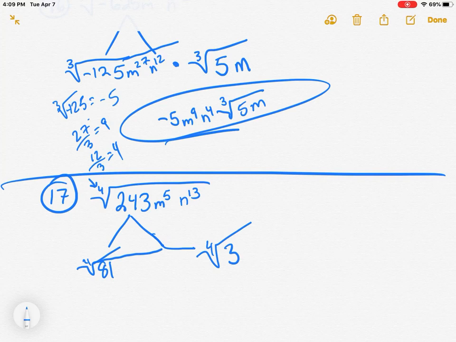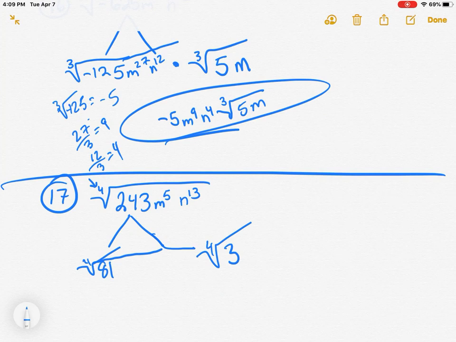Now, look at the exponents above the variables m and n. Is 5 a multiple of 4? No. Is 13 a multiple of 4? No. That means we're going to have to take 1, 2, 3, or 4 of these variables out to get the exponent to match. Okay? So what do I have to take out to get 5 as a multiple of 4?